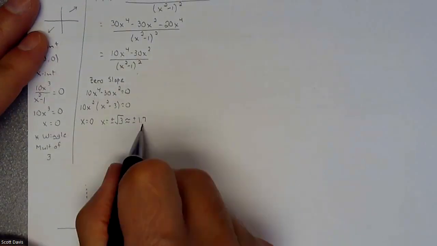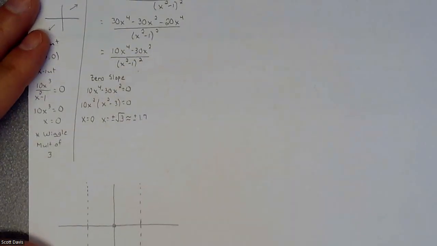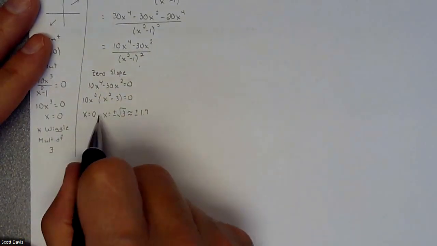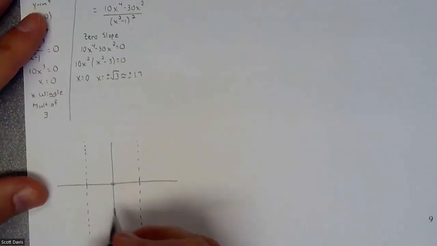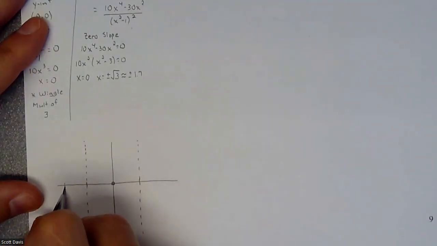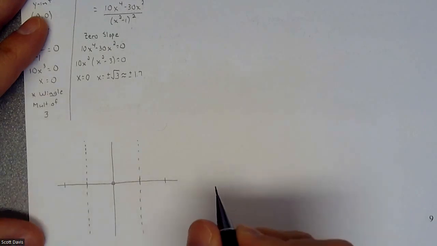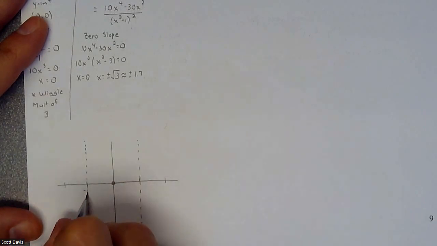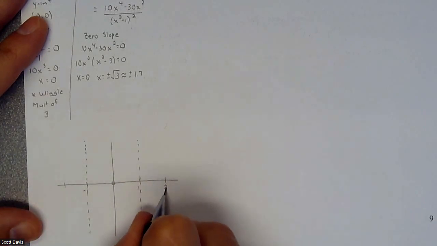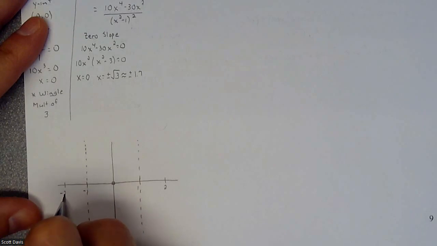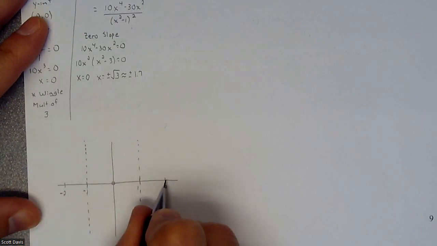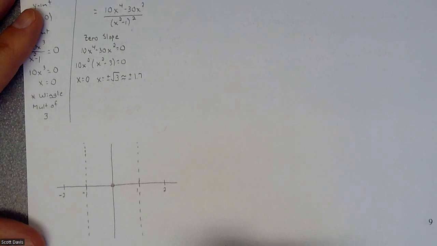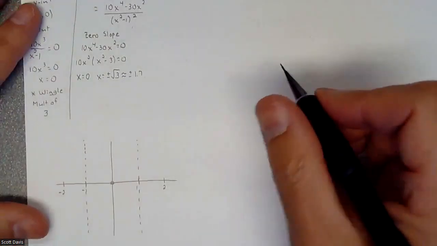All right, so we're going to get some max and mins or critical values of some kind at 0 and 1.7. So if I keep going on my graph, this is a -1, a +1, +2, -2. So we have a 1.7 somewhere around here. We're going to get some critical values to it.